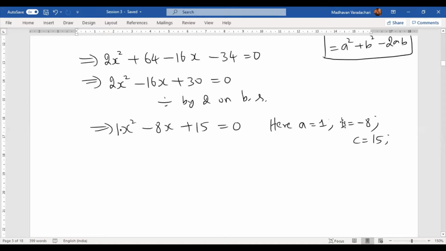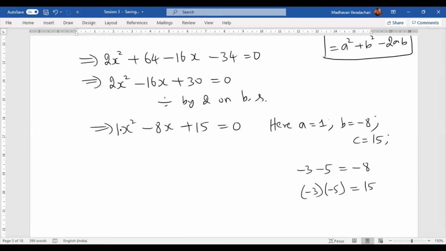By viewing this, I can say the numbers can be -3 and -5, because we know very well -3 and -5, if I add, I will get -8. Then -3 multiplied by -5, I will get positive 15.